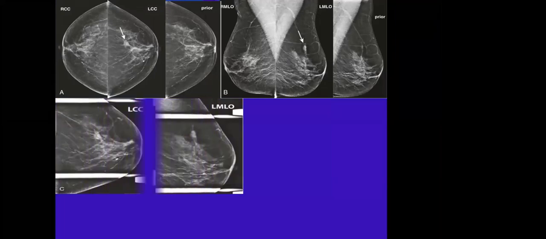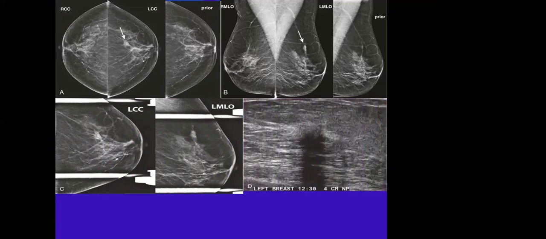Okay. What about this one? This is CC, this is CC, this is prior CC, and this CC, this is MLO, and this is MLO. So developing. What is next? Compression.